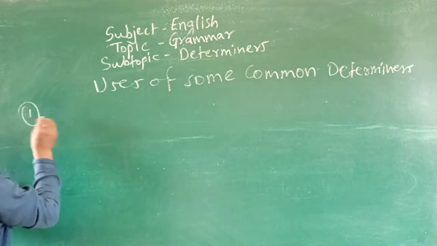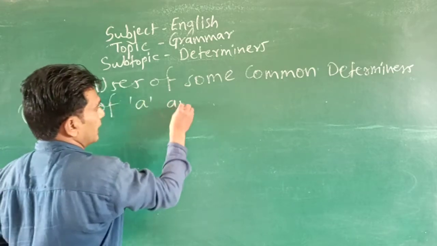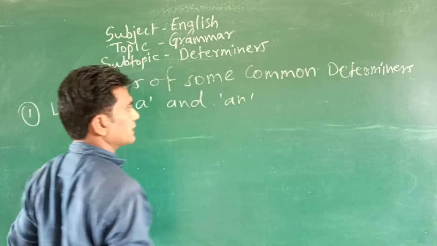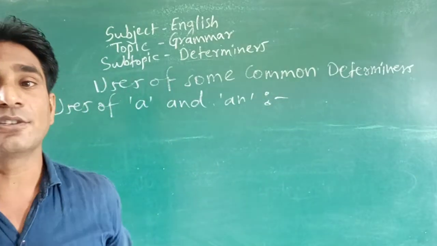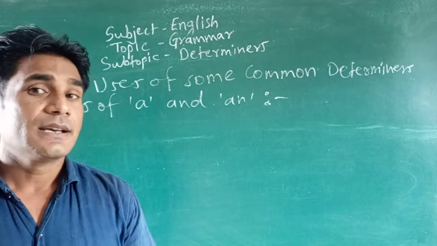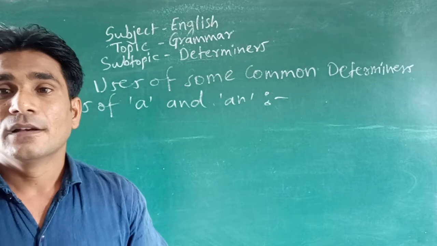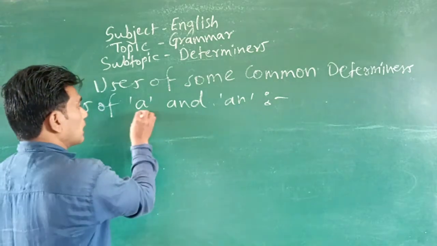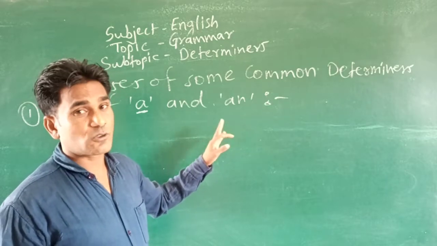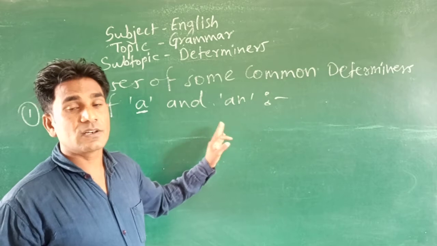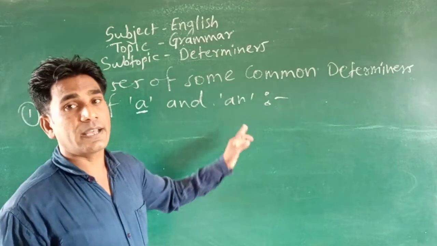So write this subheading: the uses of a and an. Here, a, an and the are called articles, and in that we are going to see the uses of a and an.